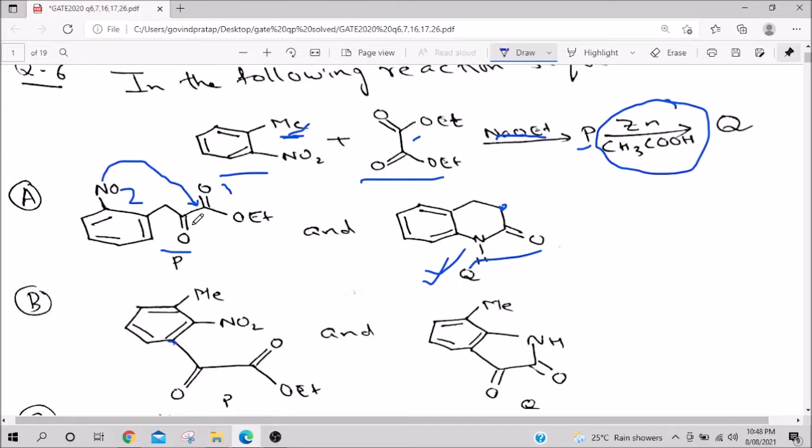Or you can do Clemmensen reduction, which is zinc amalgam in presence of HCl. We do not have zinc amalgam here, it is only zinc, and we do not have HCl, it is acetic acid. So definitely it will not reduce C double bond O. This looks unlikely to me.